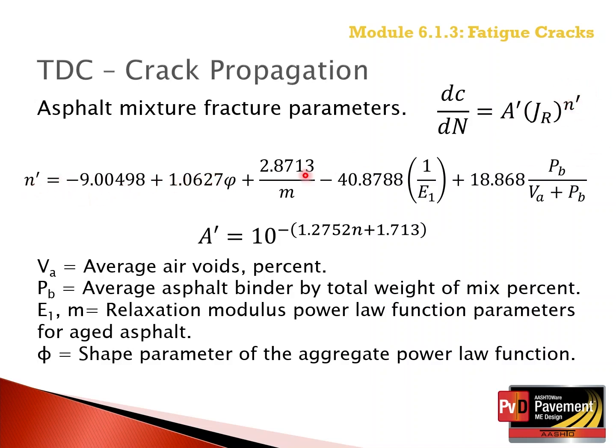The N parameter or exponent is dependent upon the shape parameter of the aggregate power law function, in other words, the aggregate blend or the gradation of the aggregate blend, as well as the E1 and M, which are the relaxation modulus power law function parameters, again for aged asphalt, and also on the average air voids and or average asphalt content by total weight of the mix.